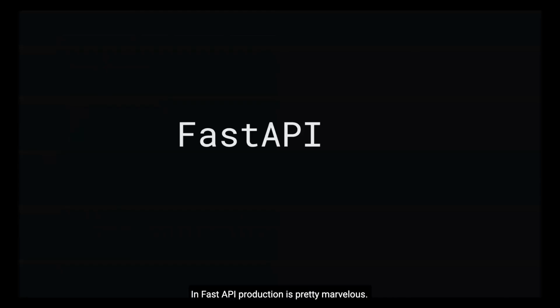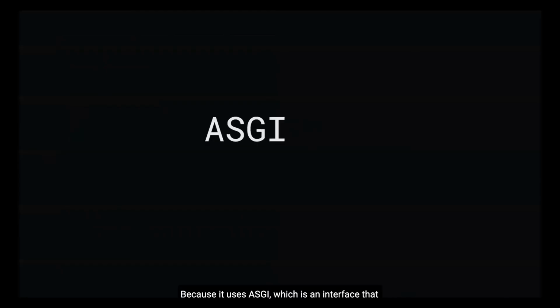In FastAPI, production is pretty marvelous because it uses ASGI, which is an interface that sits between a Python web server and a framework. And ASGI is special because it allows for async Python applications, which makes them lightning fast.